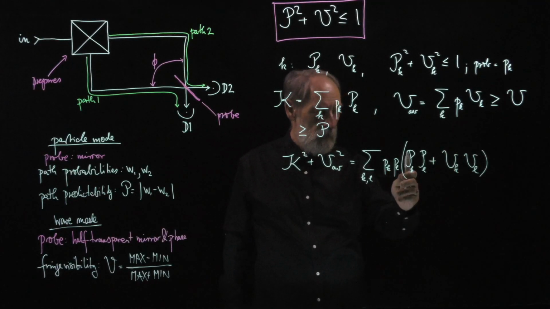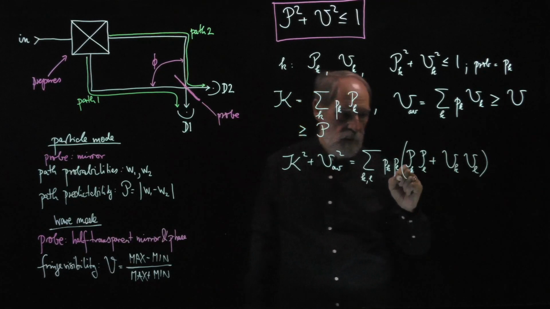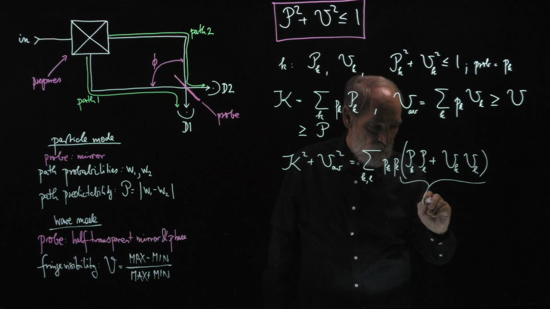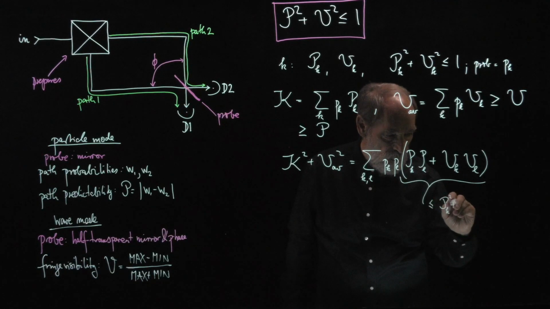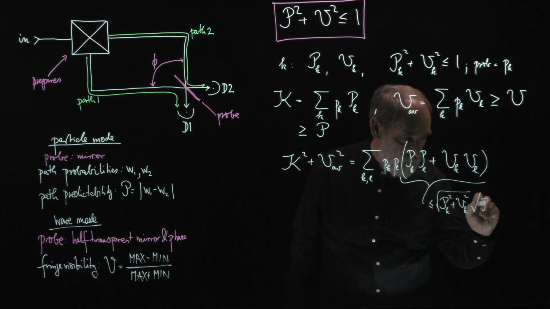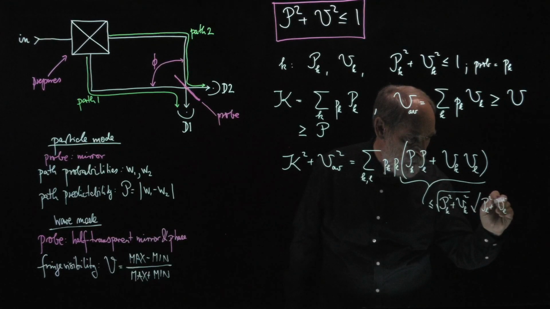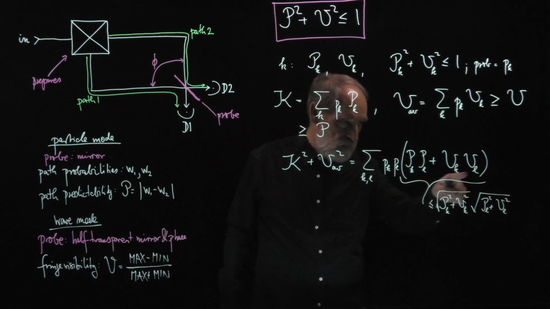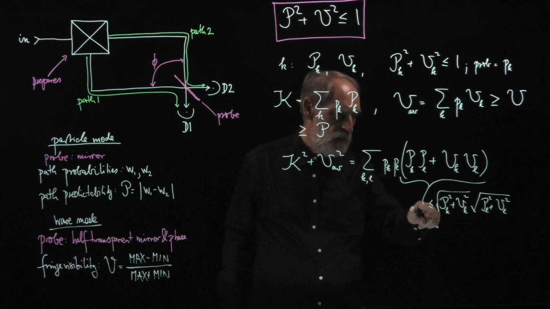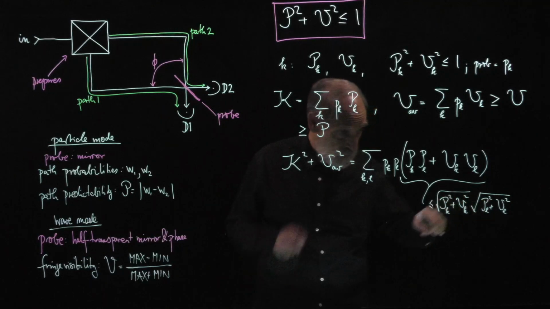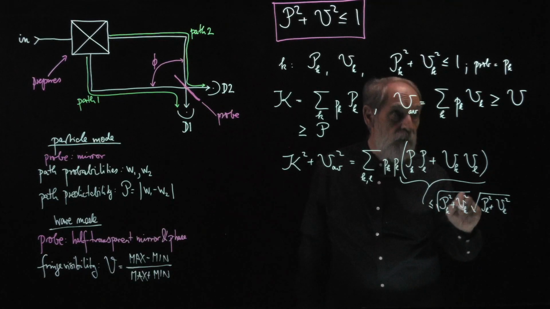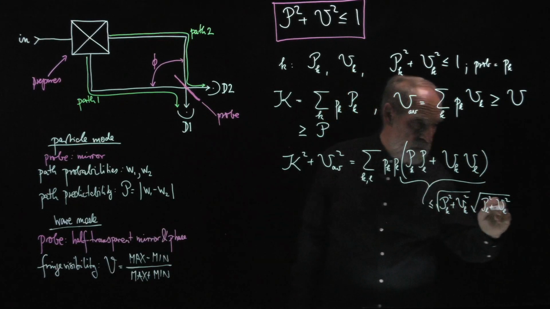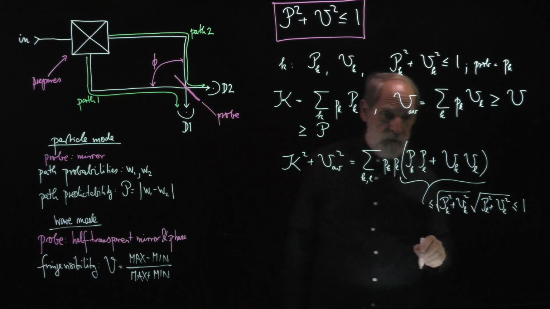Now, this sum of these products is always less than what we get if we look at the individual sums of squares and take square roots. So there's the Pl squared and the Vl squared and the square root. And so the sum of products is never more than this product of square roots of sums of squares. Now every one of them is less than 1. So also this product of the two square roots is less than 1.